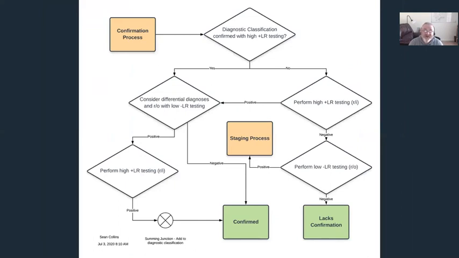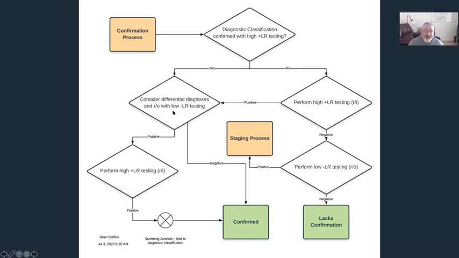The confirmation process, essentially, you're asking whether or not there's a diagnostic classification that was confirmed with high positive likelihood testing. And if it was, then you might consider differential diagnoses and rule out with low negative likelihood testing. If that low negative likelihood testing is negative, then you've confirmed the initial diagnosis, the initial pathoanatomical classification.